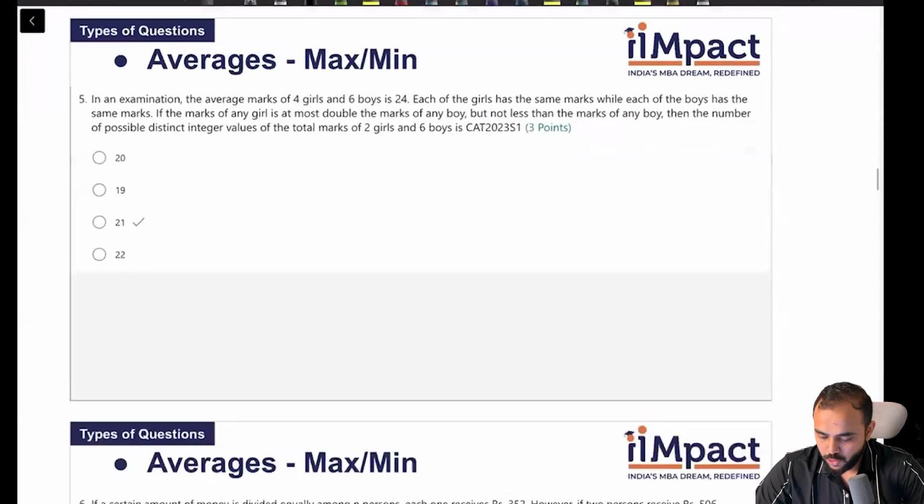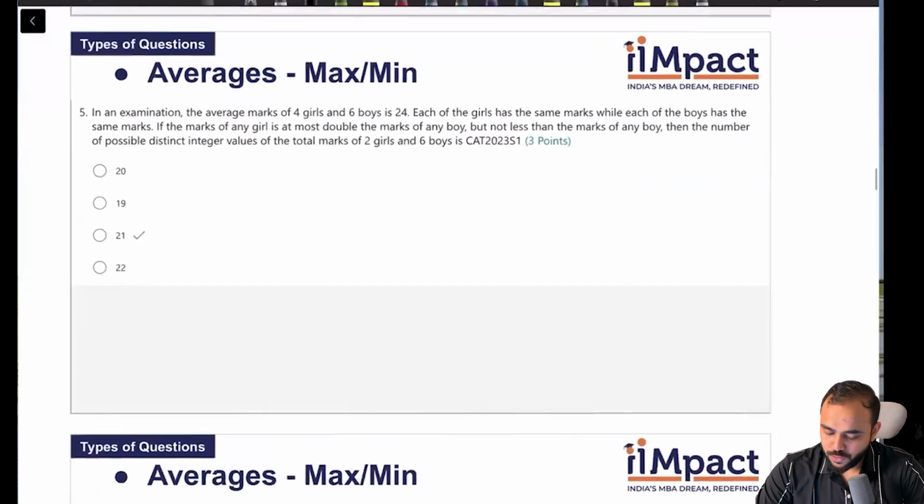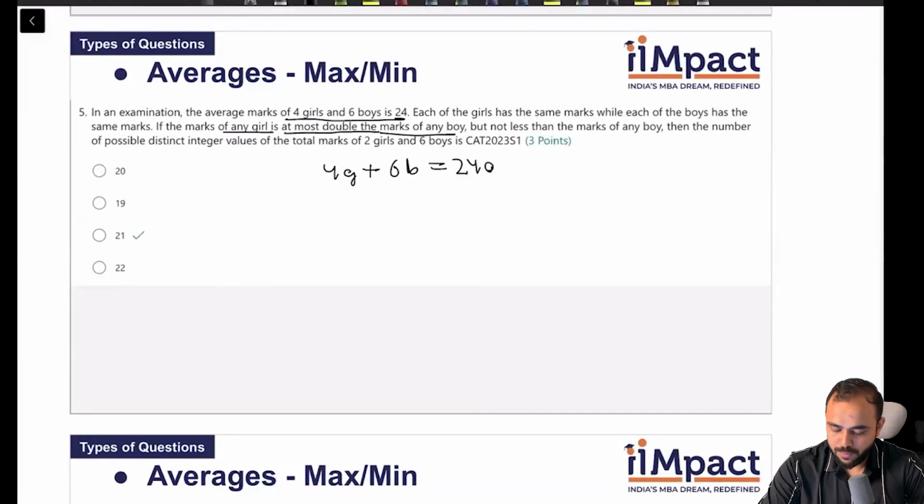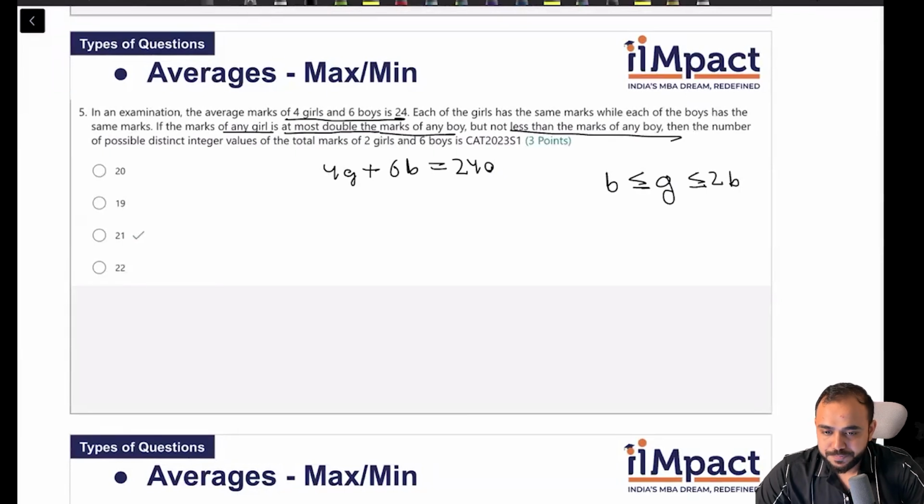All right, so if we look at an example, average marks of 4 girls and 6 boys is 24, which means 4G plus 6B is equal to 24 into 10 or 240. Each of the girls have the same marks and each of the boys have the same marks. Marks of any girl is at most double the marks of any boy, so G is less than or equal to 2B, but greater than or equal to B.